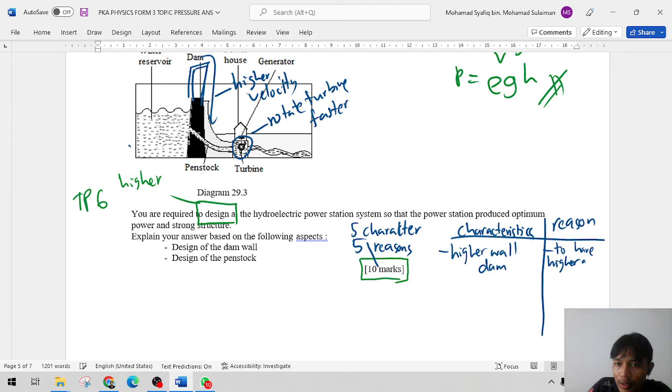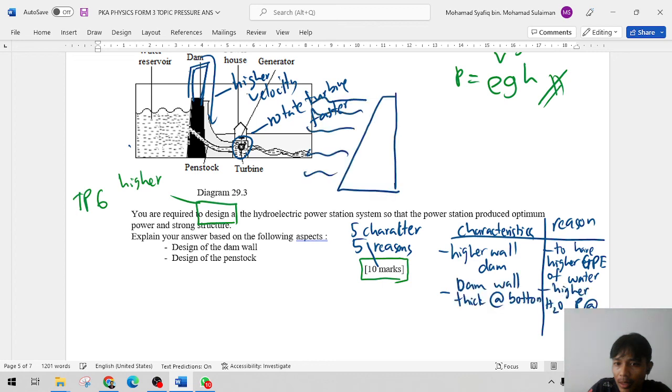The second one, we want to make the dam wall thick at the bottom. The wall is like this, so it is high and then it is thick at the bottom. So here is the water. Thick at the bottom because of higher water pressure at the bottom.